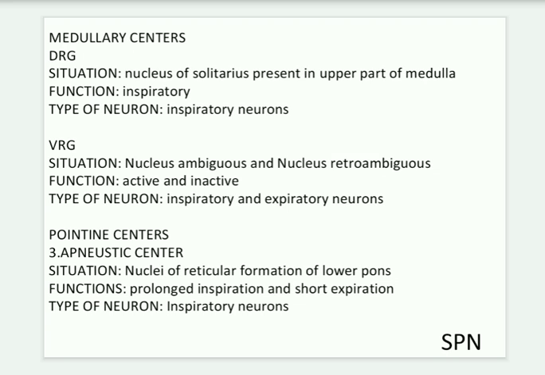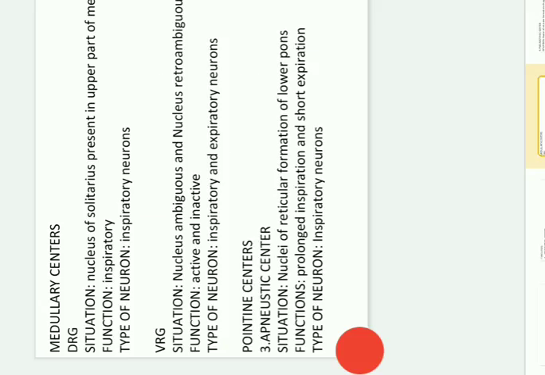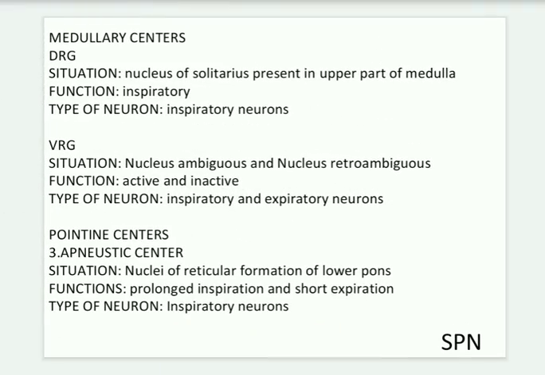Your pontine centers. Apneustic center: situation, nuclei of reticular formation of lower pons; function, prolonged inspiration and short expiration; type of neuron, inspiratory neurons.